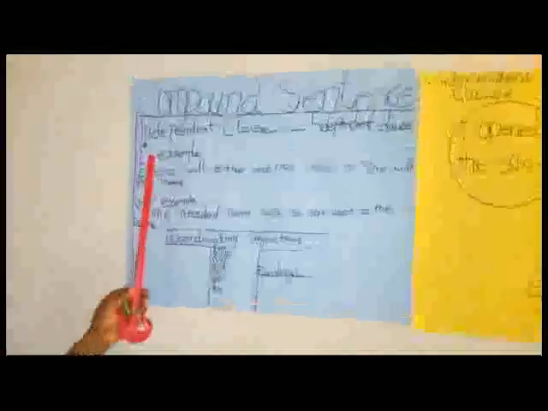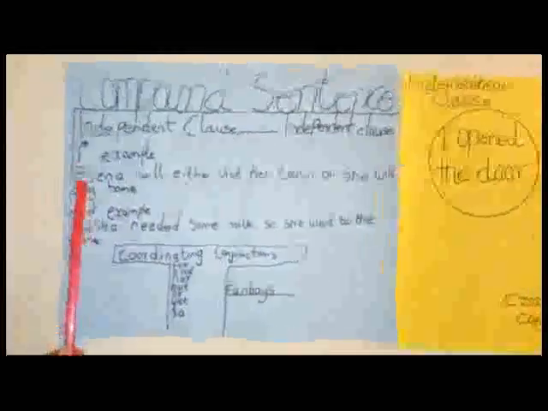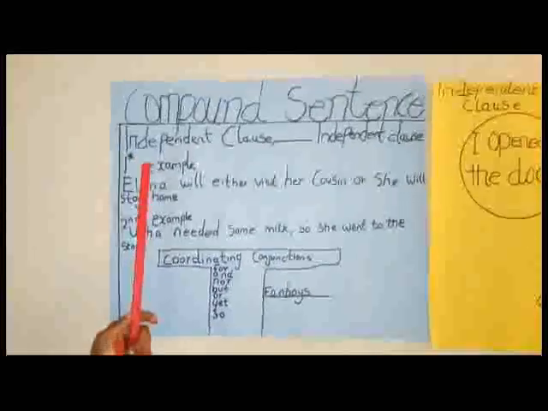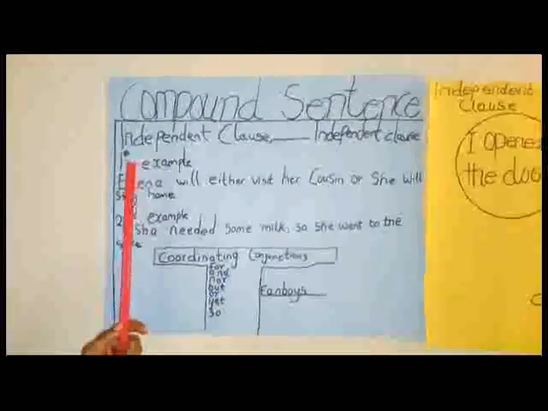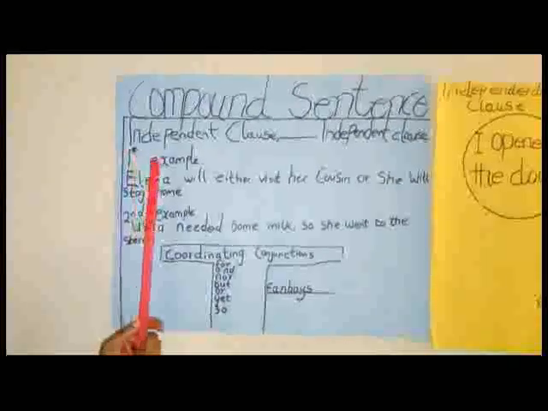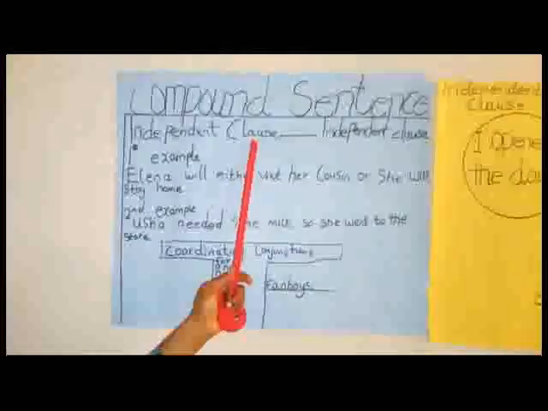Looking at this area, we want to give more examples of how your compound sentences can be, having it in your head that a compound sentence is an independent clause.